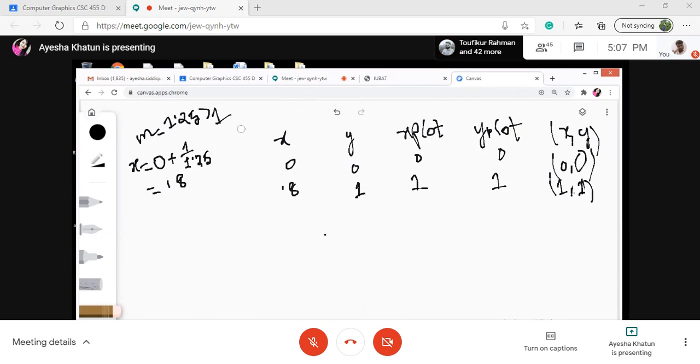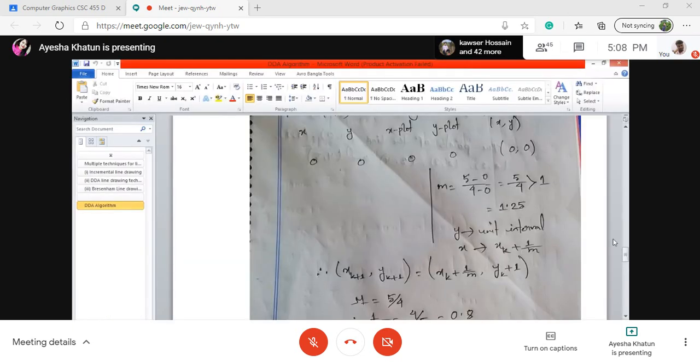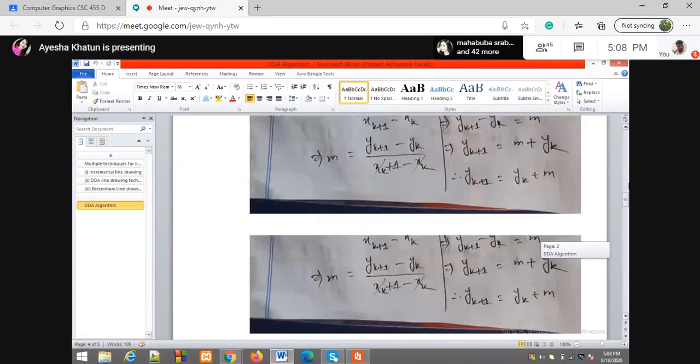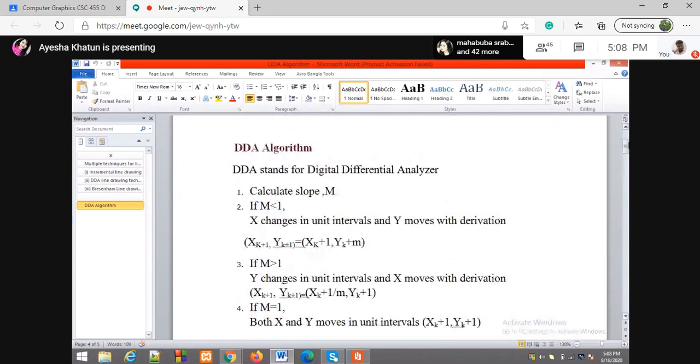Okay, so again for the next case, as we know that y will be incremented, so y will be 2. And how will x be incremented? x will be the initial value, which is 0.8, plus 1 by m. From the algorithm, that is xk plus 1 by m, the initial value of x and then 1 by m.